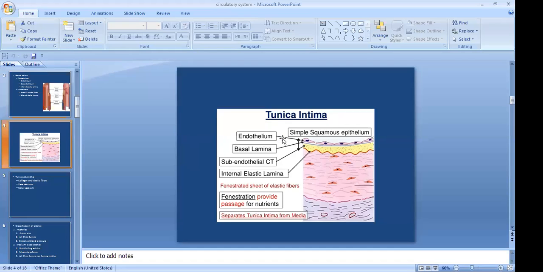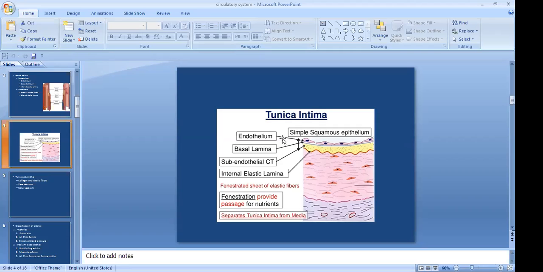Tunica intima is composed of endothelial layer, subendothelial layer, and internal elastic lamina. Tunica media is composed of smooth muscle fibers and, outwards, the external elastic lamina. Tunica adventitia is composed of collagen and elastic fibers and supplied by the nerves and vessels.